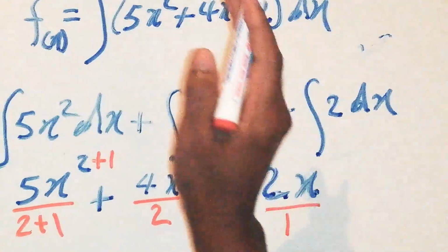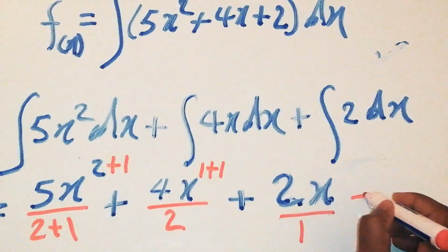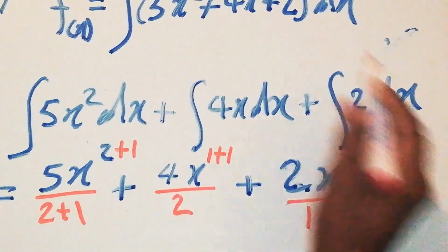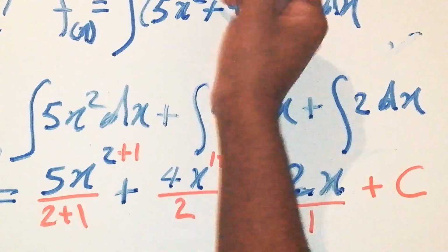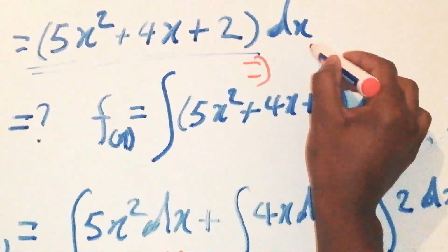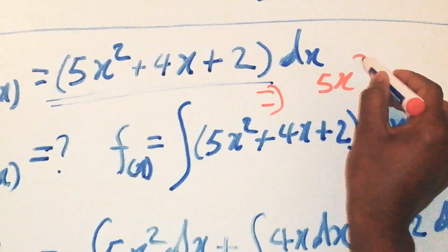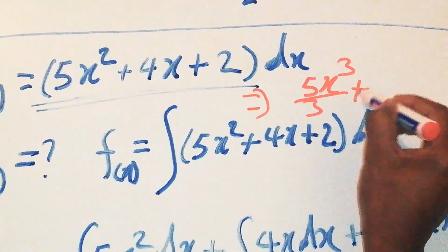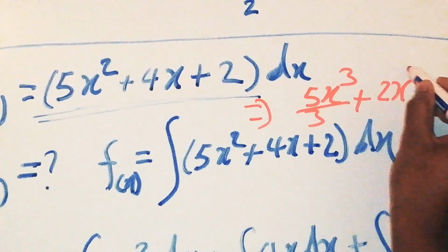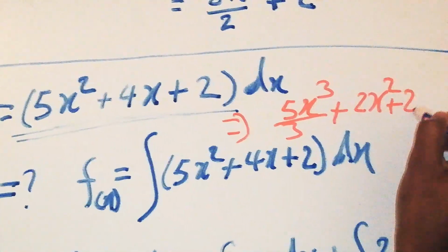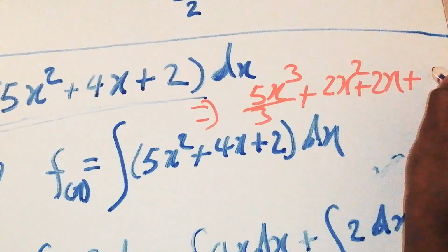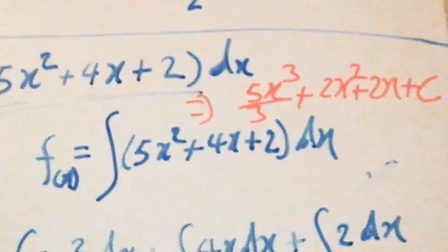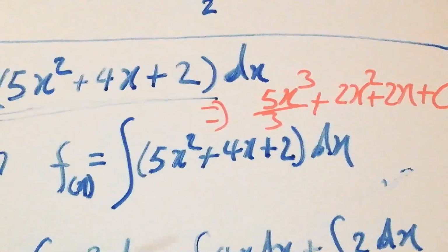And I have to assume that there was a constant factor, and that will be plus c. So my function now is 5x cubed over 3 plus 2x squared plus 2x plus c. Right, so let's get on with our process.